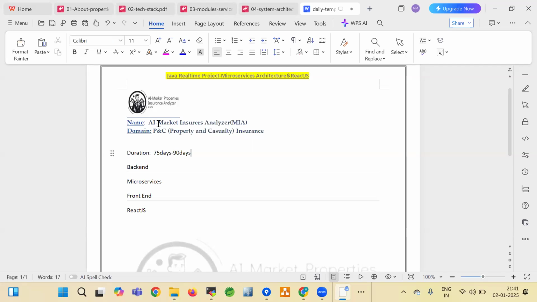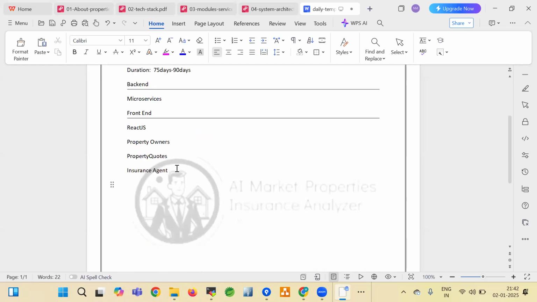In this product, we have the main modules or services called property owners, property quotations, insurance agents, and property brokers.